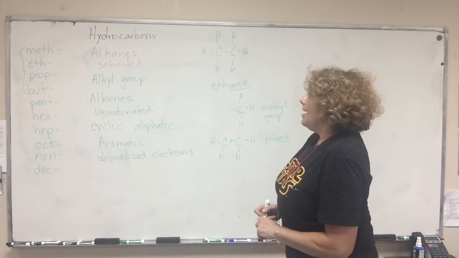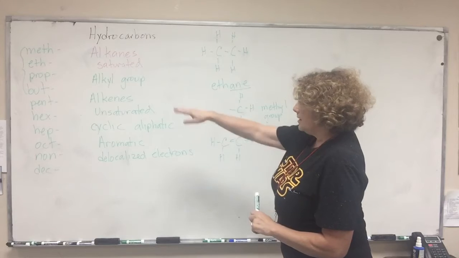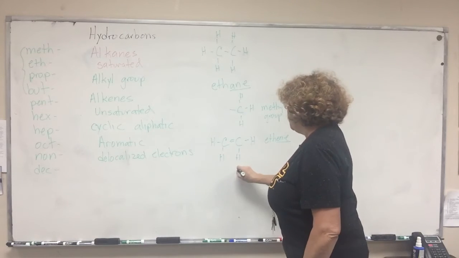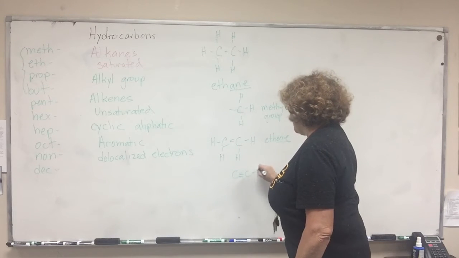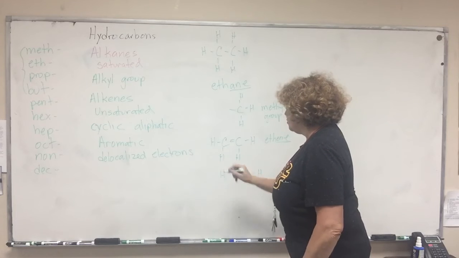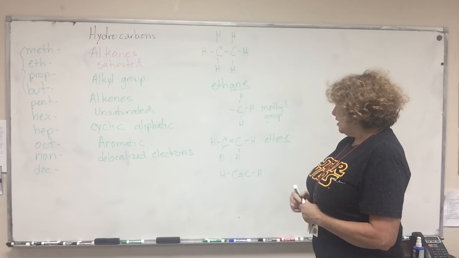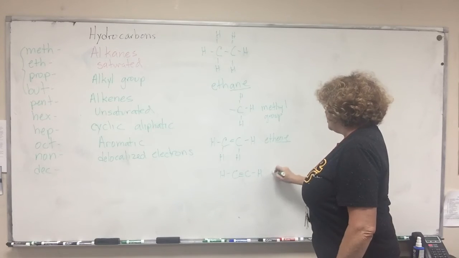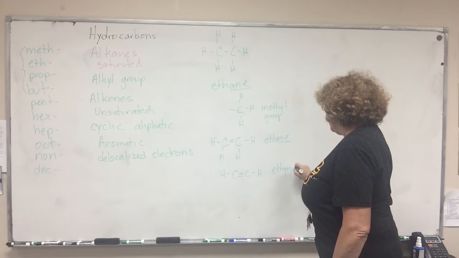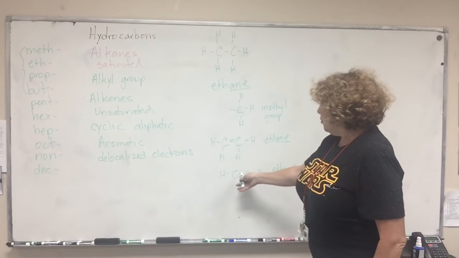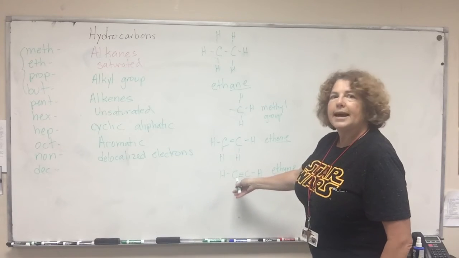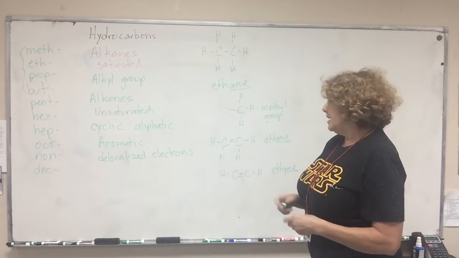Then there are alkynes, which I forgot to write up there, but alkynes would have a triple bond, and that prevents even more hydrogens, so that'd be C2H2. It is also unsaturated, and it is an alkyne, so this would be ethyne. That triple bond can be broken up, so it's unsaturated.